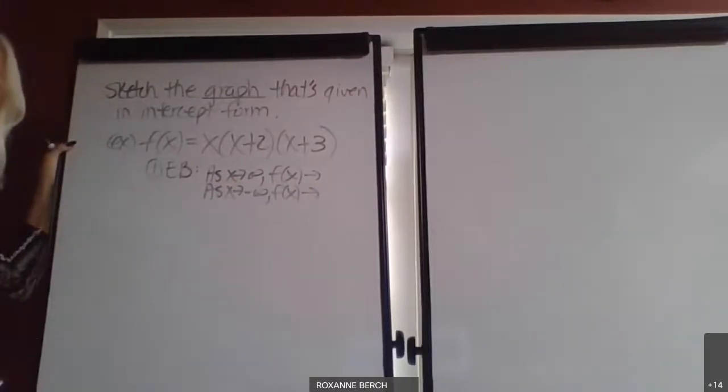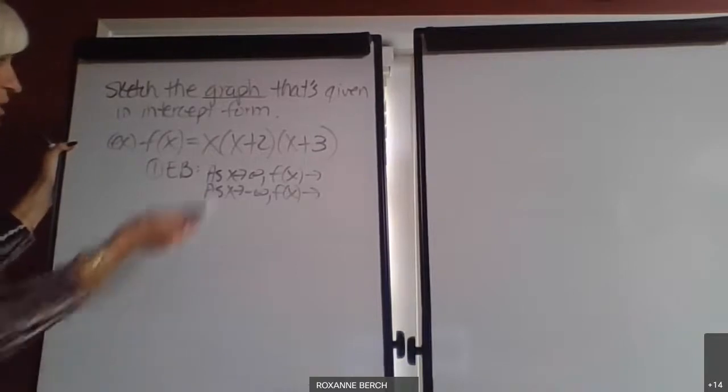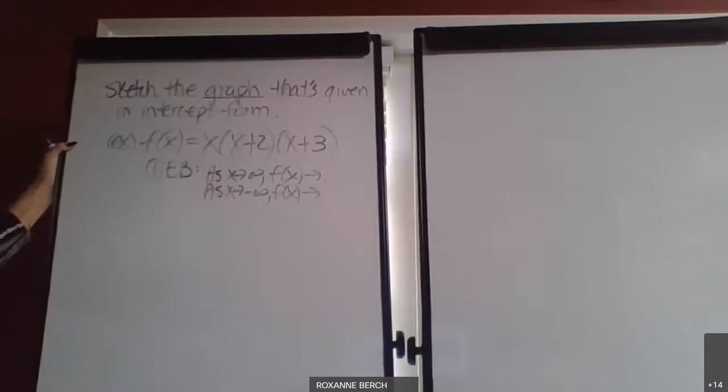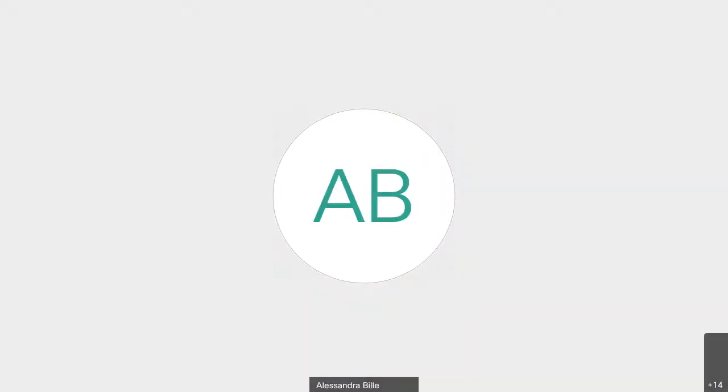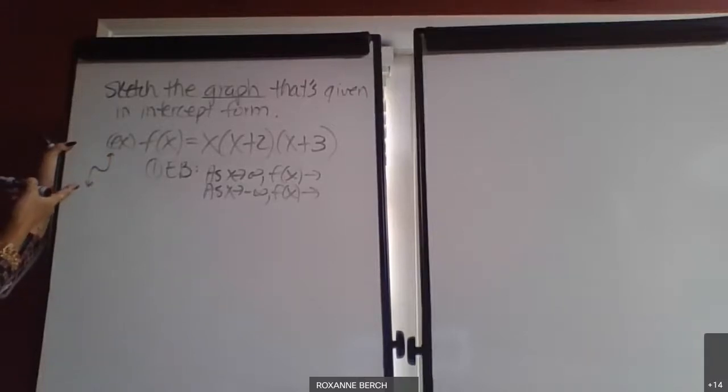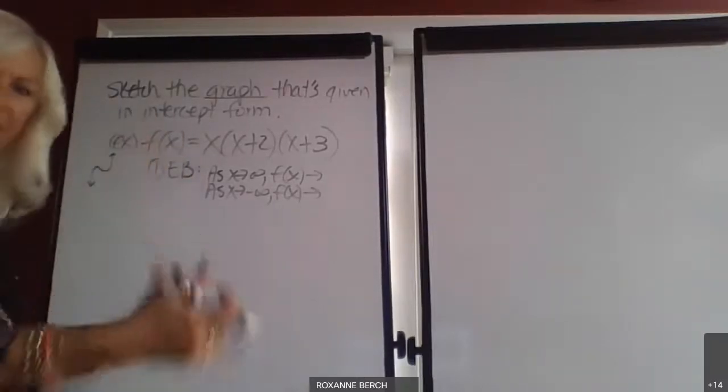We're not going to multiply it out. If you multiply this x times that x times that x, what is it? Would it be a cubic? Yeah, it's a cubic. So you know it looks something like that. So you can guess the end behavior.